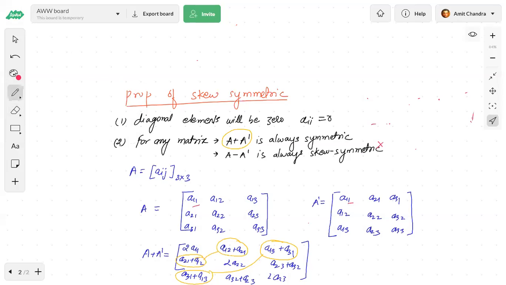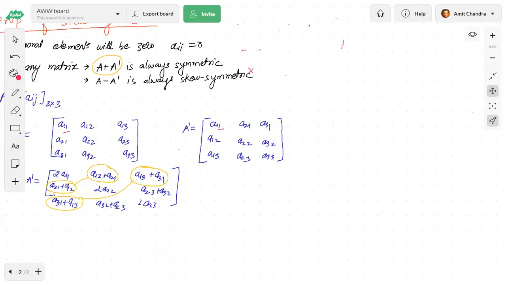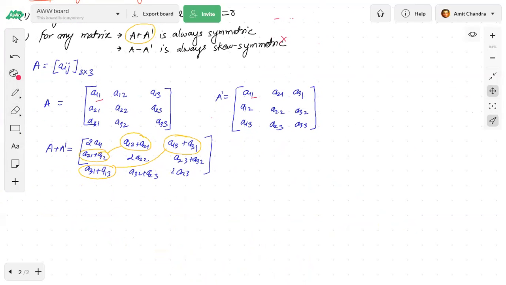So suppose in this case, if you subtract A minus A dash, I will start subtracting the two matrices.